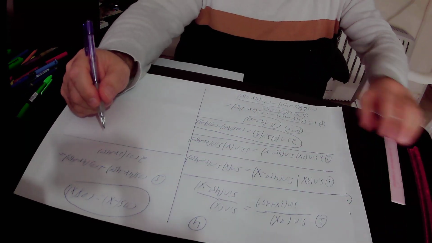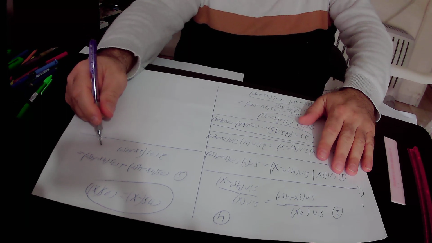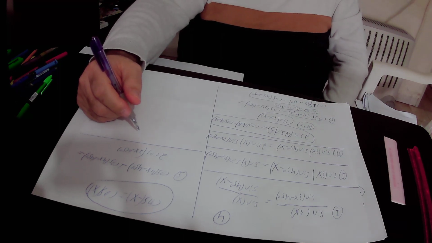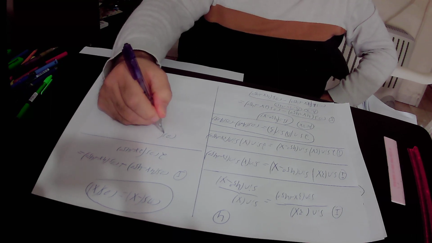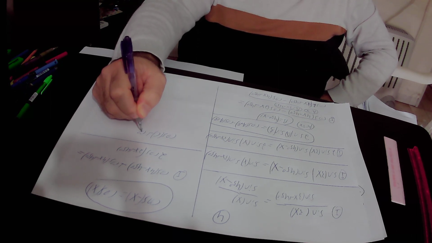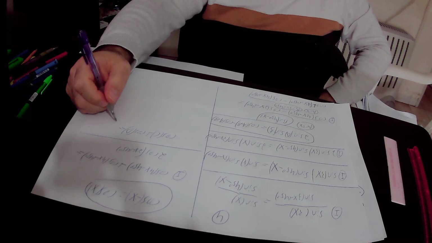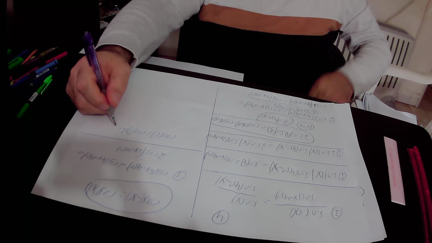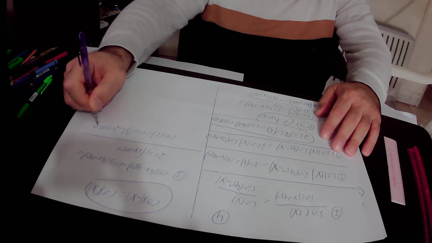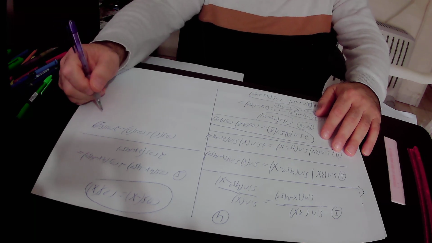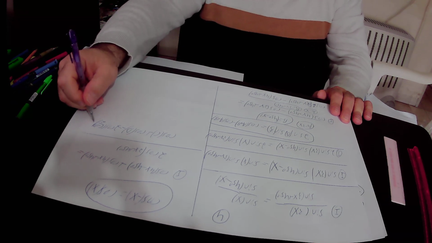Actually, the expression cosine 4x minus 45 degrees plus cosine 4x plus 45 degrees is very similar to the trigonometric identity that cosine C plus cosine D is equal to 2 cosine of C plus D over 2 times cosine of C minus D over 2.